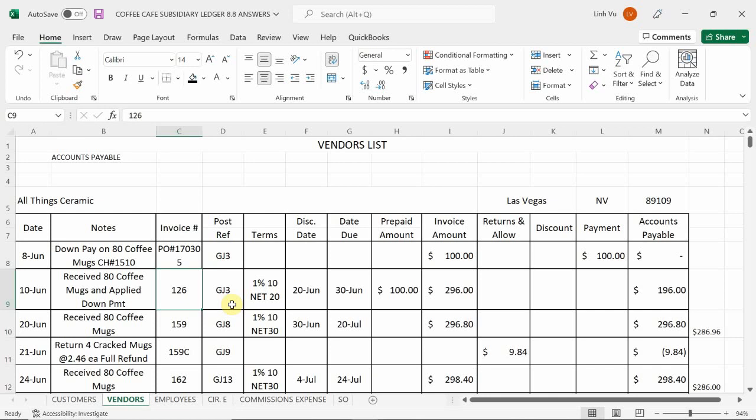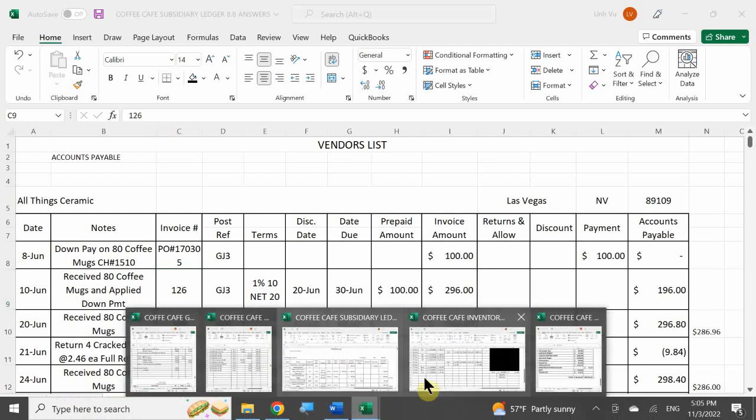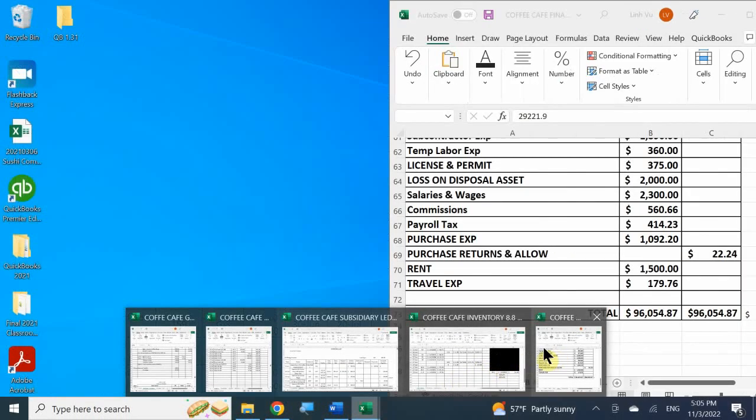Now again, we're taking a discount off of this purchase, right? So we have to remember how much of the coffee mugs did we actually purchase. The best way to do that is to go to your inventory worksheet, because that's going to tell you how much you actually ordered.